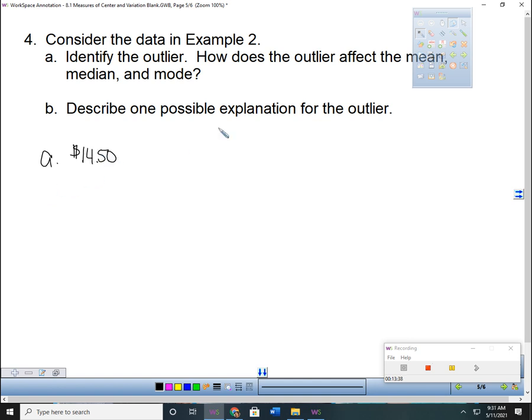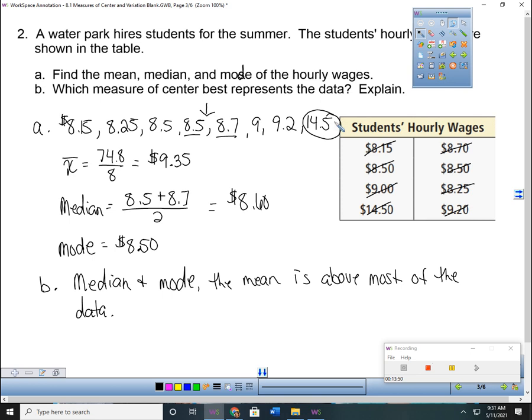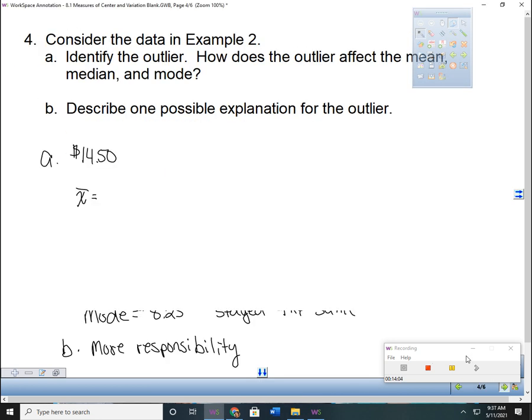All right, and then how does that outlier affect the mean, median, and mode? Well, let's talk about the average. If I was going to average these numbers together, when I added all of them up, I got 74.8. If I take away the 14.5, 74.8 minus the 14.5 gives me 60.3.